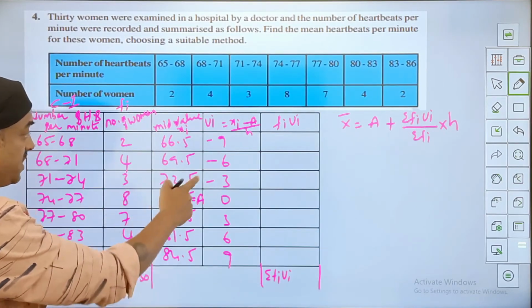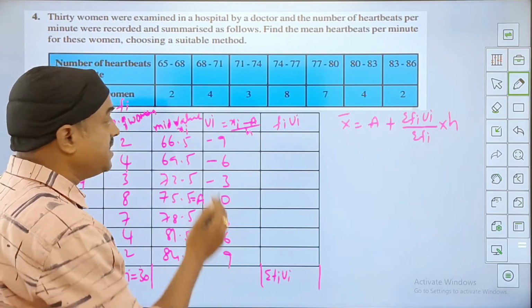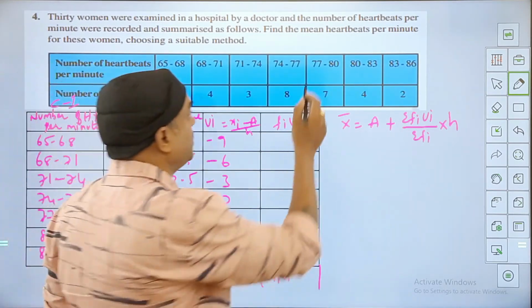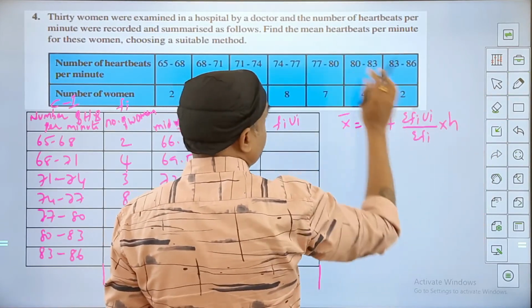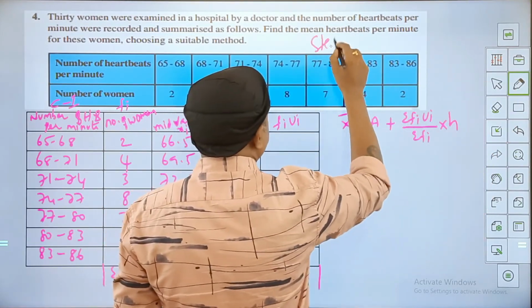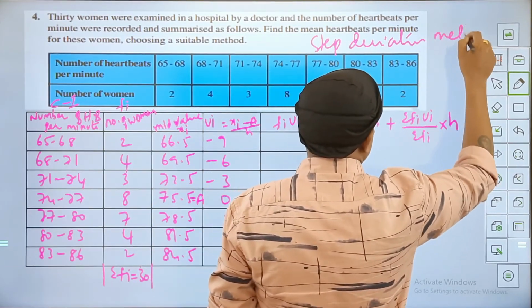Now multiplying all these also will take some extra time for me. So to reduce my time, there is another method called the step deviation method. This is going to be the step deviation method.